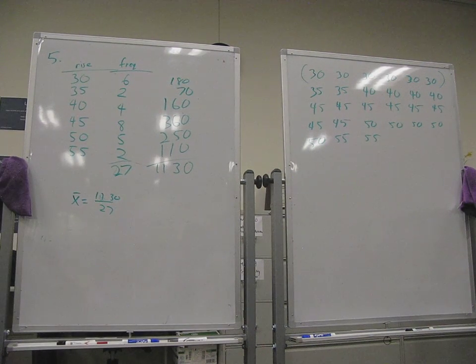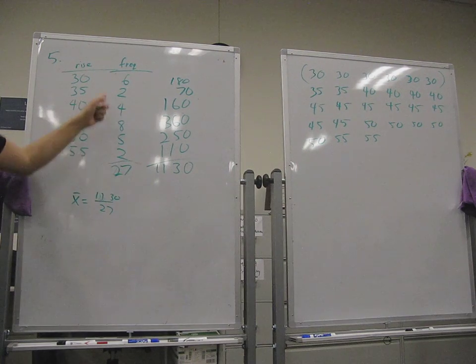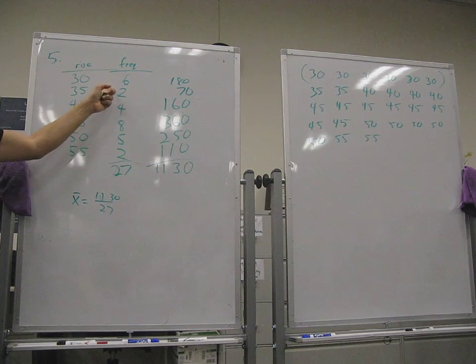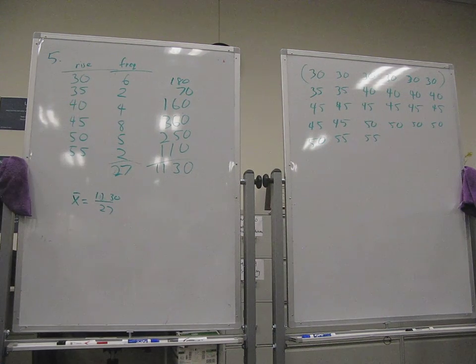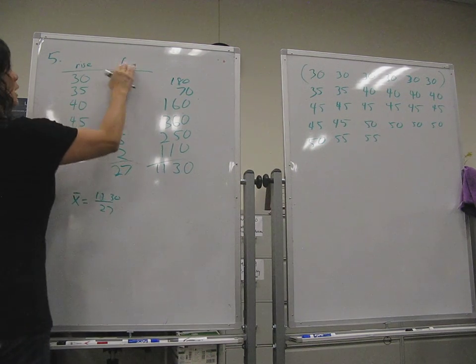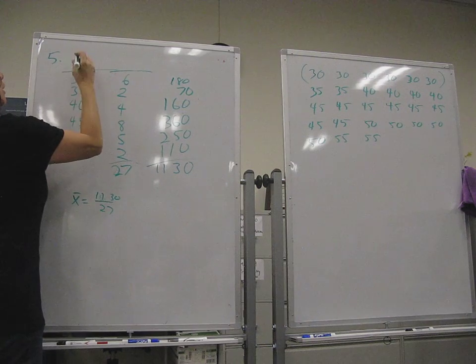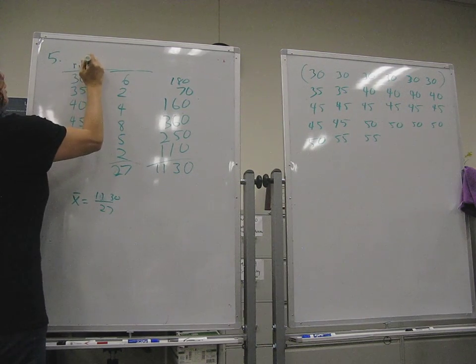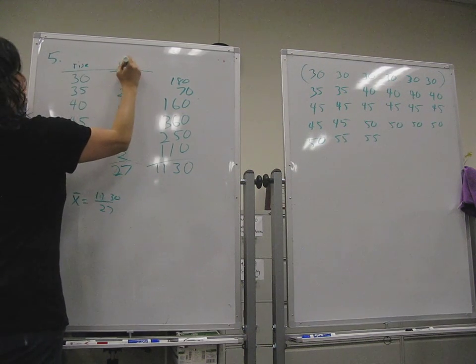The other way that will help you remember is maybe think of these by labels. So this is rise and this is frequency, or this is days. One thing is you always divide by your frequency. That's the first thing. But say there's something different, like rise and day.